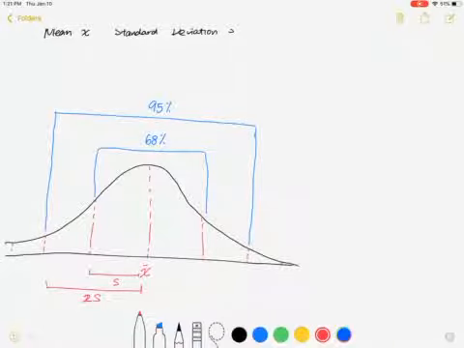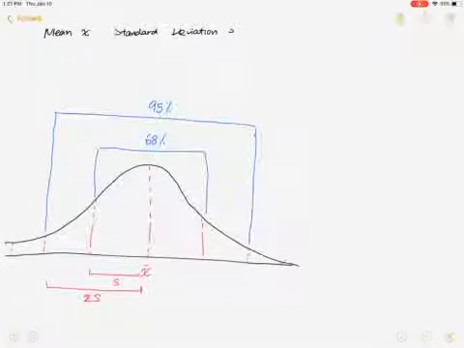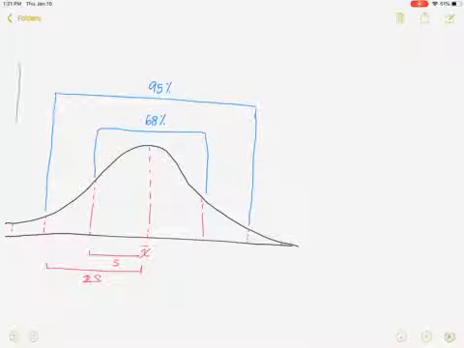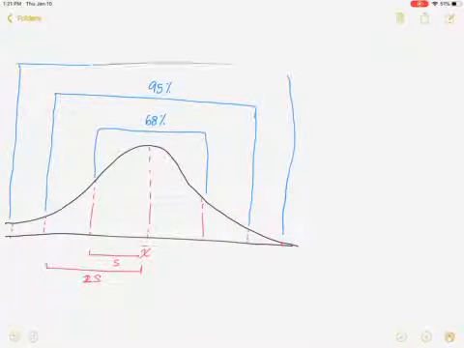Then if I go 3 standard deviations, then I'm able to cover almost all the data, which is 99.7%.